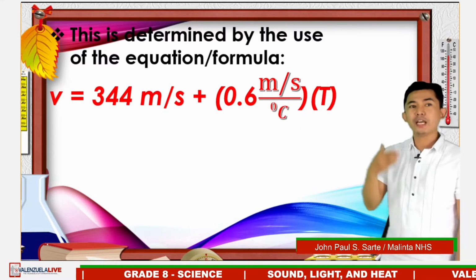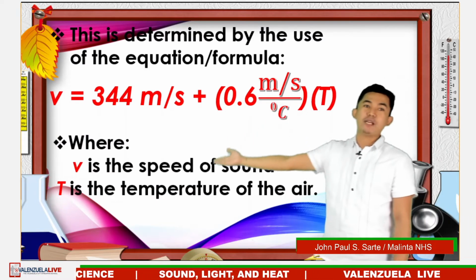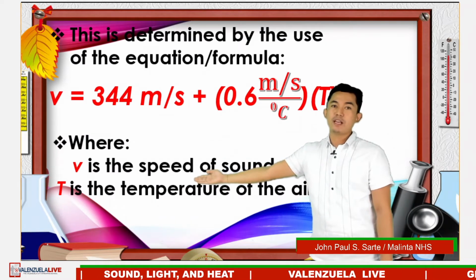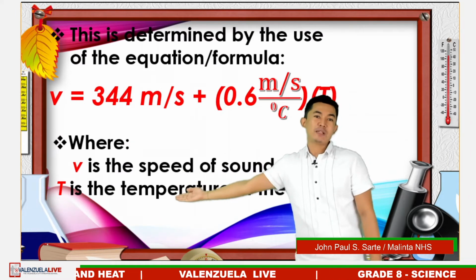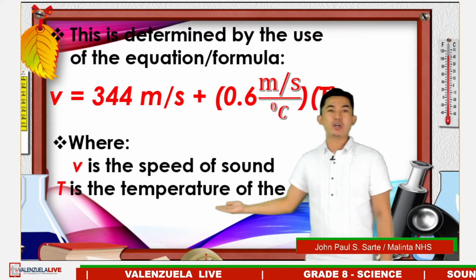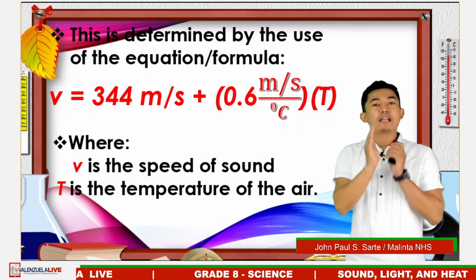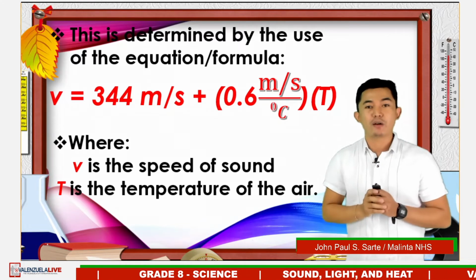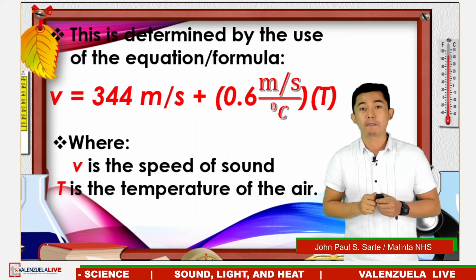Now, if this is the value, let us define what is v. Here, small v is the speed of sound, while the capital T is the temperature of the air, because the symbol for temperature is capital T, while for small t, what should be the answer?